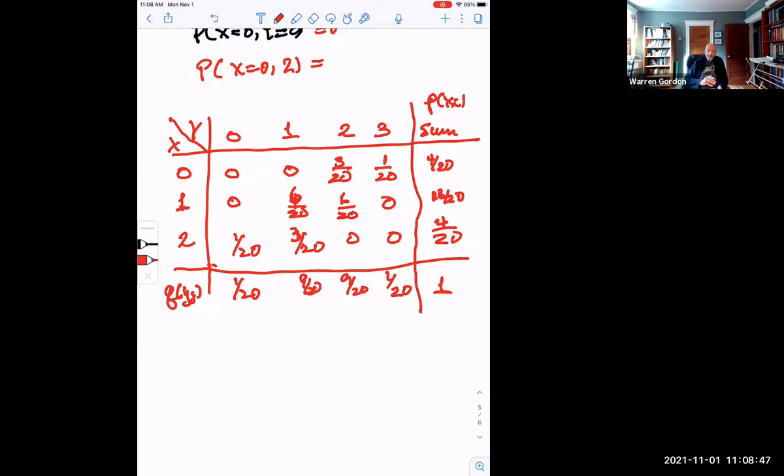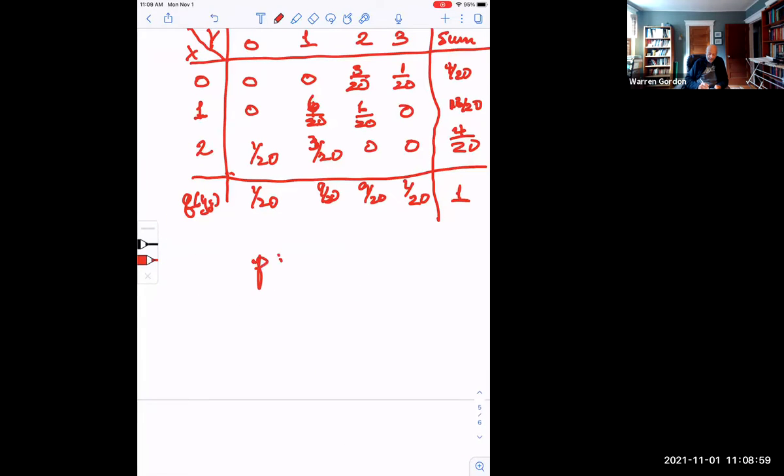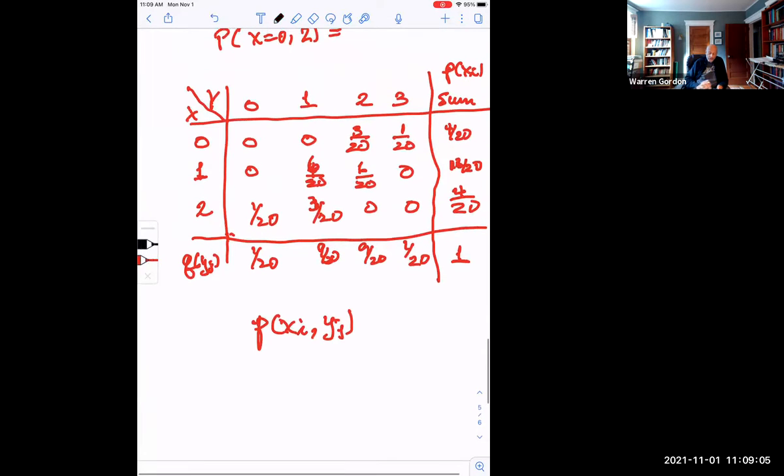So look at this one table. This one table combines all the information in the two separate distributions that we had before. So here's the probability distribution P of X sub i, Y sub j. This table gives you what's called a joint distribution.